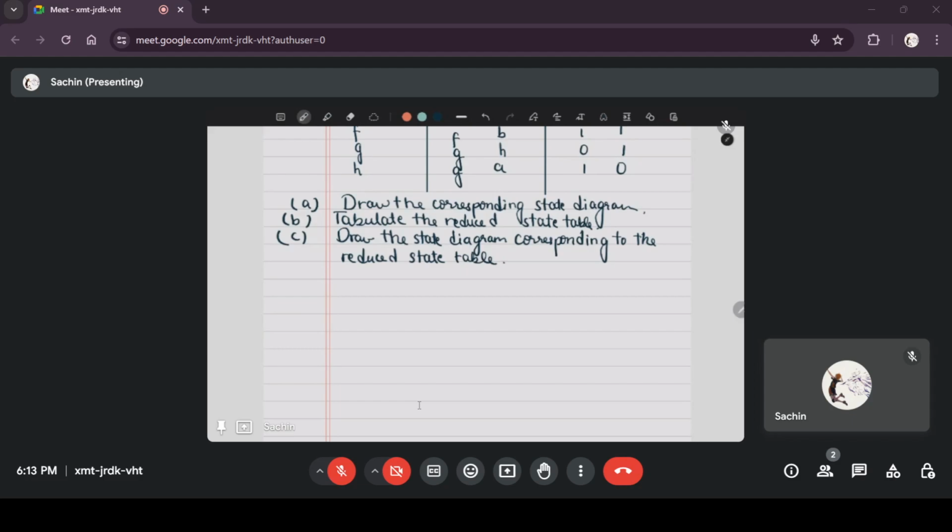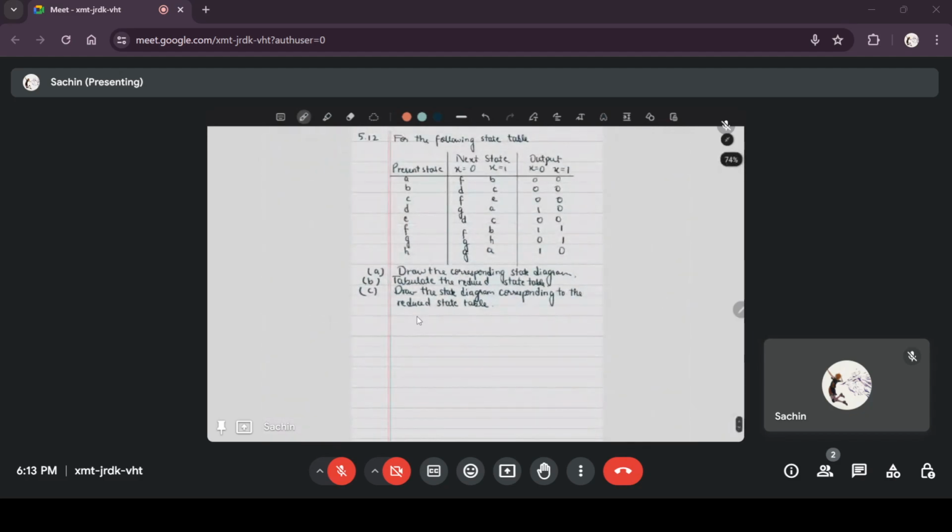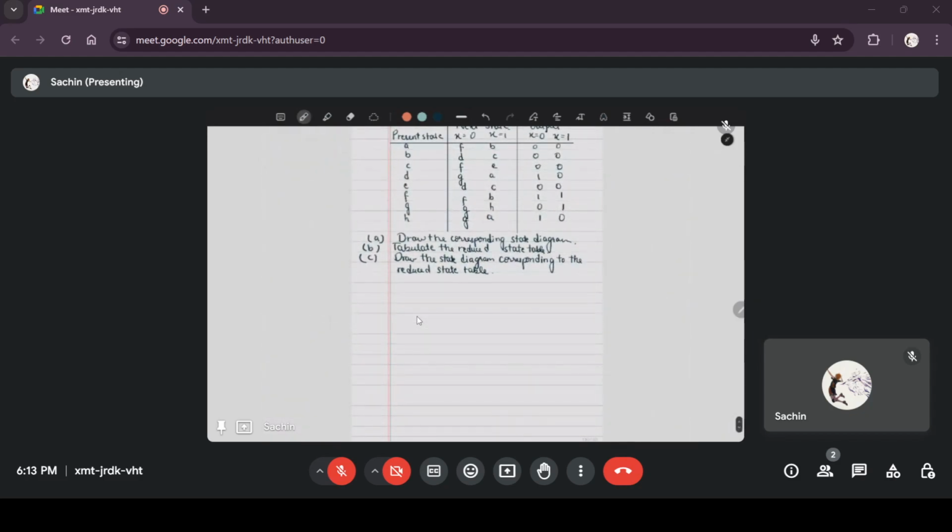Third is the state diagram corresponding to the reduced state table. There are 8 states.